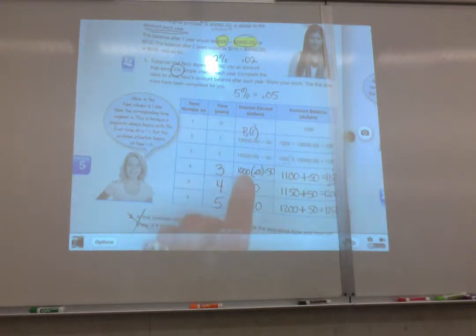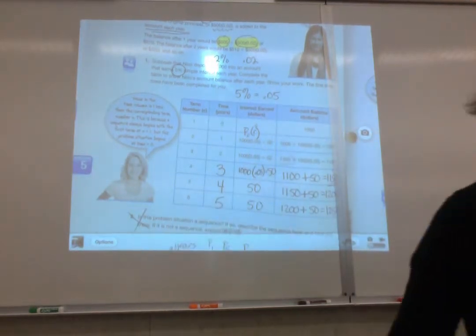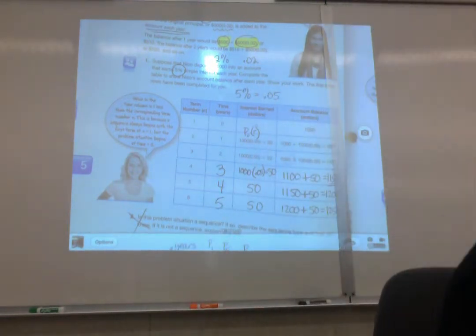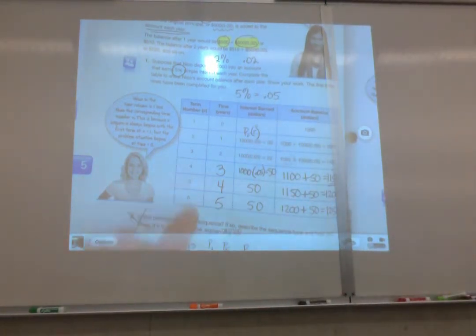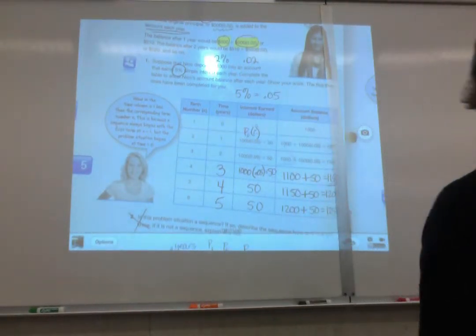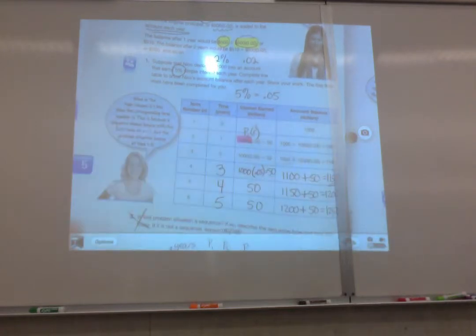Okay. Here we go. You see it, Guillermo? Yes. We were trying to compare the simple interest table with the compound interest table. One thing I want you to notice is this number right here. What number is that? 1,000.